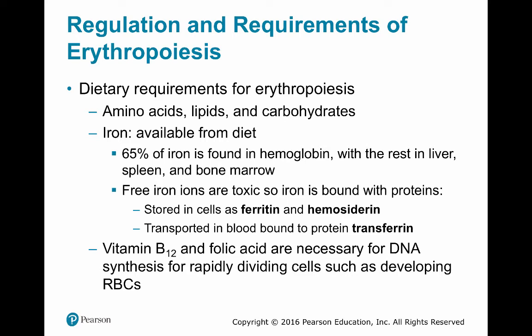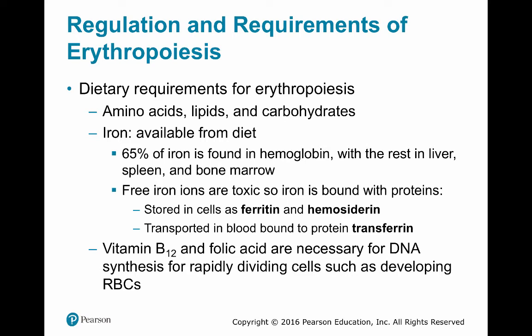Free iron is extremely toxic to the body, so it's stored or transported throughout the body always attached to a protein. If not, it can interact with things and be extremely deadly and toxic. So if you're storing iron for later to make red blood cells, you're storing it in the form of ferritin or hemosiderin. If you're transporting it through the blood, it's going to be bound to transferrin, so that it can't interact with things.